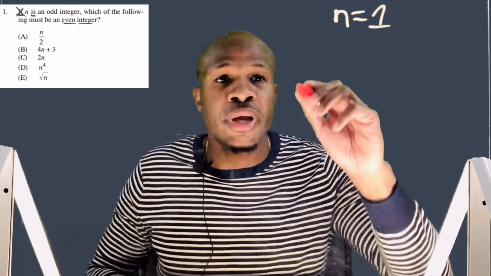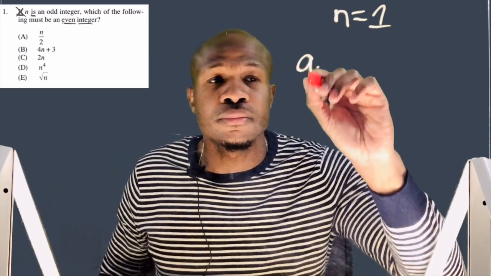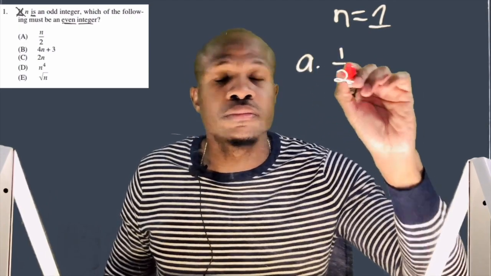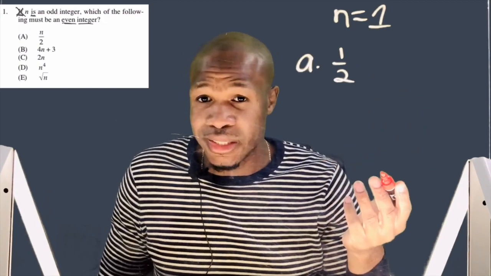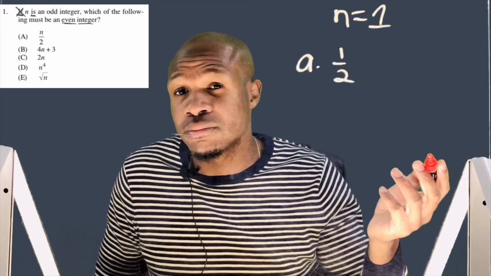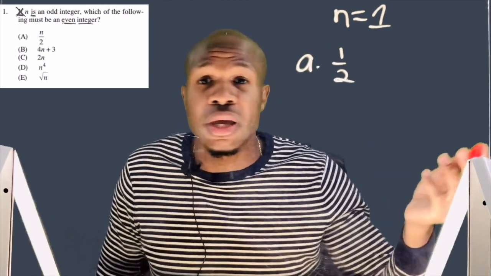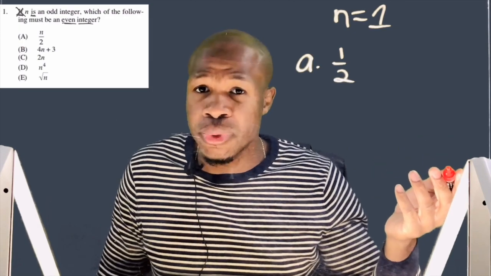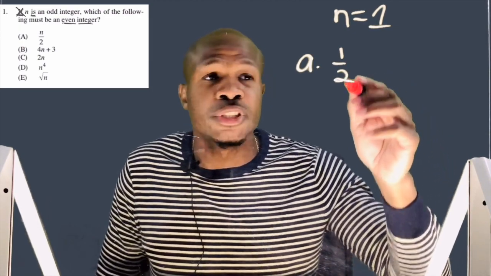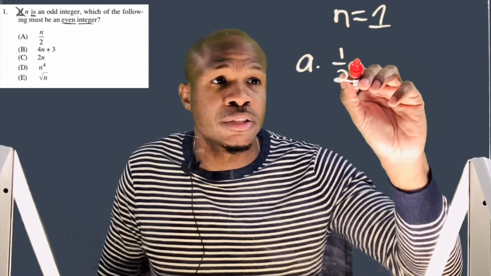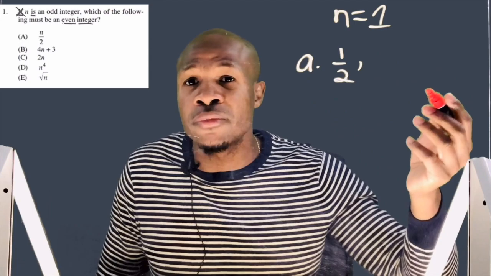Okay? So for a, that's n over 2, so that's 1 over 2. Is that an even integer? Well, no. 1 over 2, that's a fraction. So remember, I can have n be whatever odd integer I want it to be, right? So 1 over 2 gives me a fraction, and I'm looking for an integer.